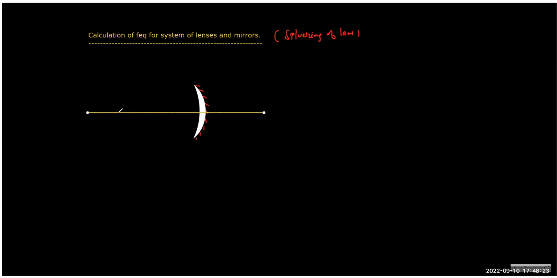The first question to you is, this entire system will act as lens or mirror? Mirror, because the light cannot go on the right side, right? So light has to come back eventually, isn't it? Yes. So this entire system will act as a mirror at the end of this.